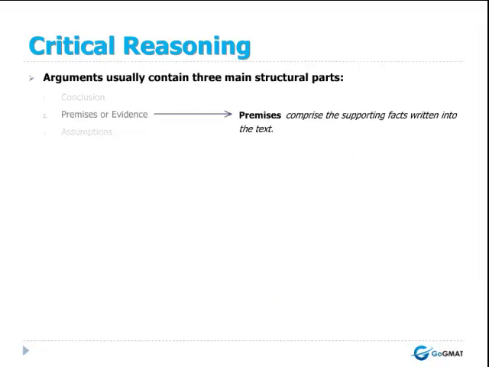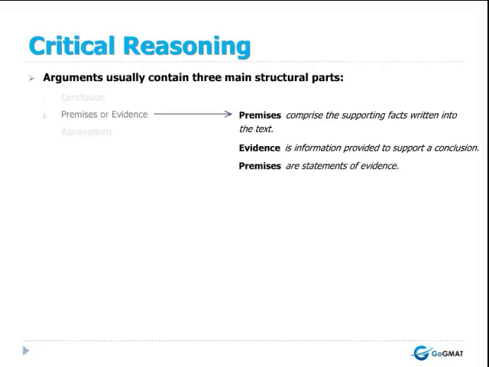Premises or evidence comprises the supporting facts written into the text. It answers the question, why does the author conclude this? Evidence is information provided to support a conclusion. Premises are statements of evidence.